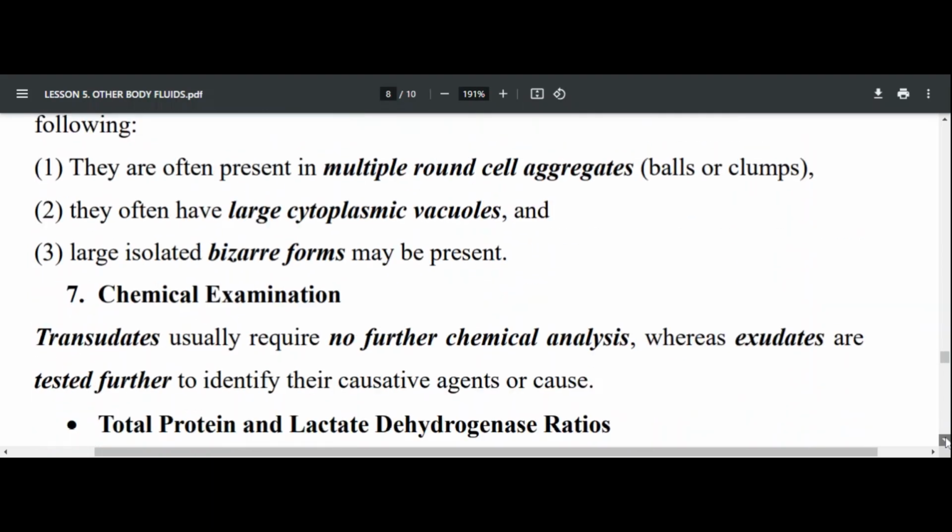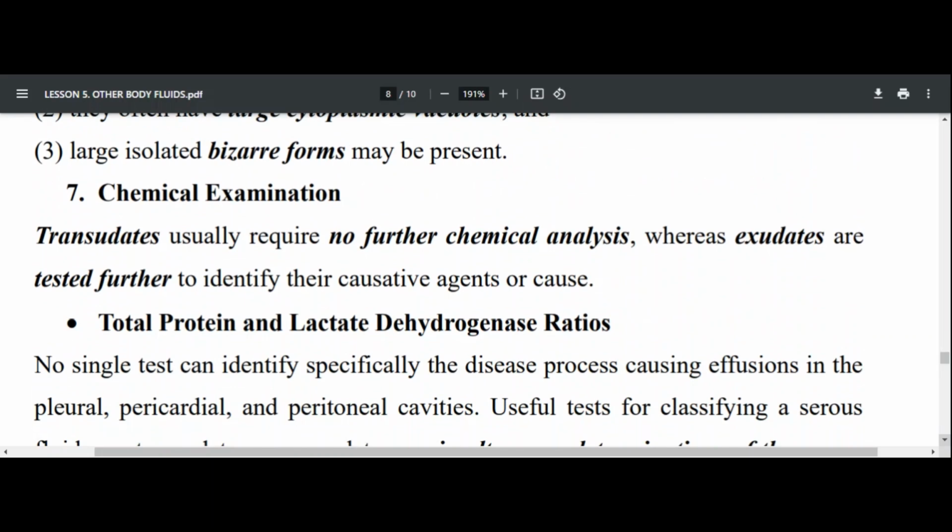Finally, chemical examination of these fluids. In fact, transudate does not require any further chemical analysis, but exudate always requires further chemical analysis, as well as microbiology to identify the causative agents of these fluids.